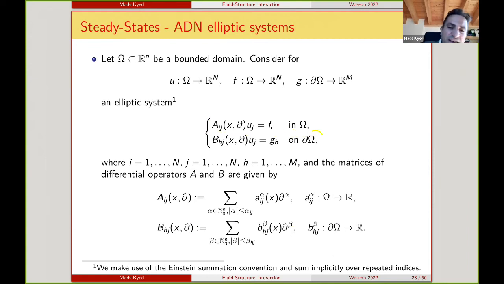Then we also have a set of boundary conditions, which are also given in terms of differential operators, boundary operators B. I used the multi-index notation that you see down here with the multi-indices alpha, and we look just at systems with real coefficients. So that's a general stationary boundary value problem.